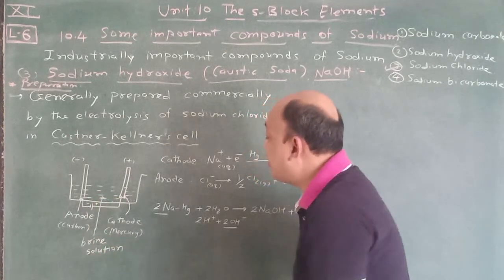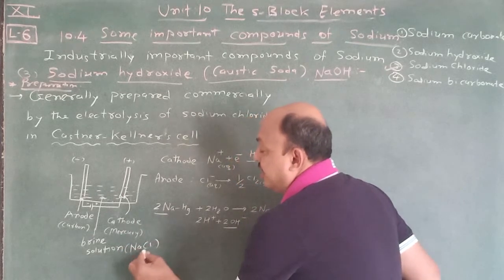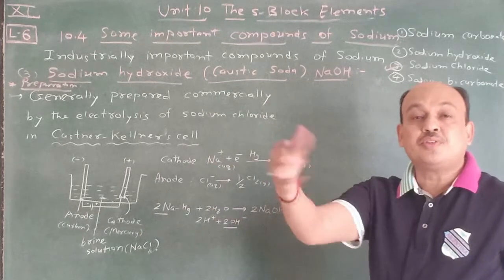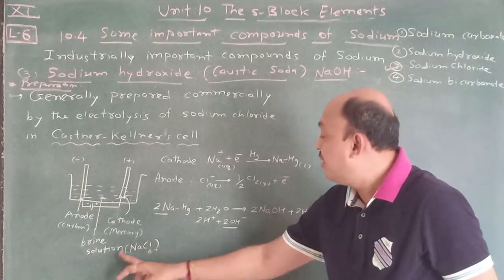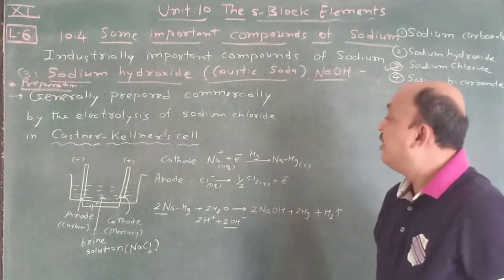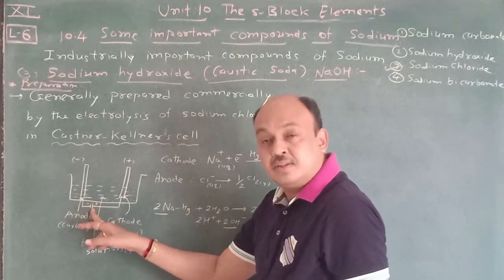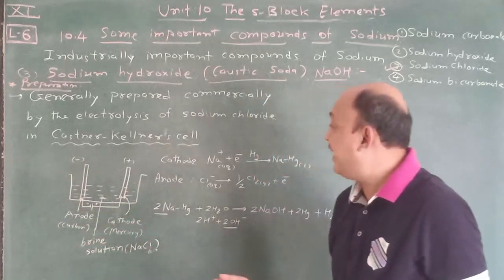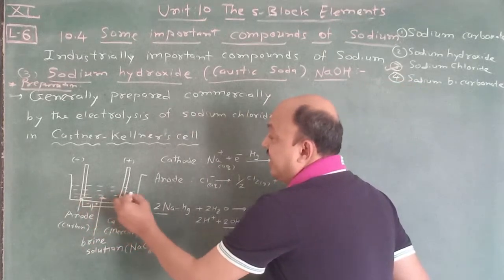Here the brine solution is filled with concentrated aqueous NaCl, that is, NaCl dissolved in water. It is joined to a battery with negative and positive terminals.